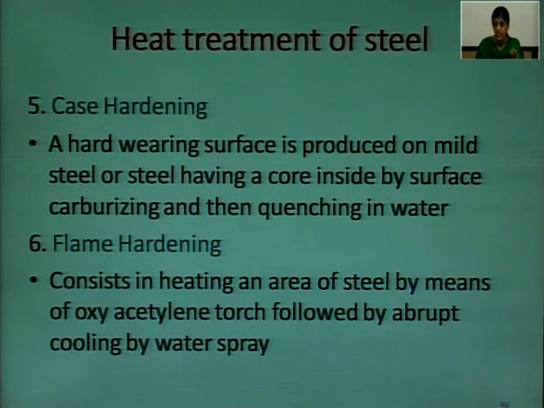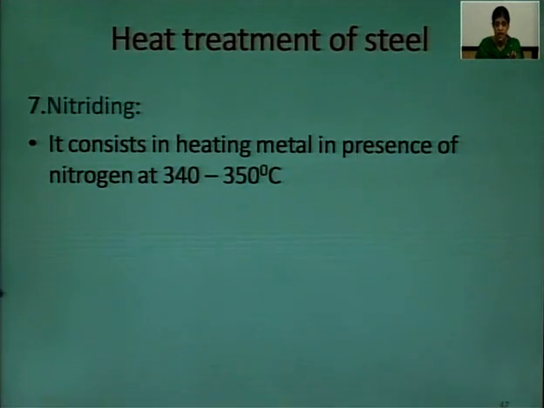So this is the flame hardening process. And the next is nitriding. Nitriding consists in heating metal in presence of nitrogen at 340 to 350 degrees centigrade. So that is known as nitriding.